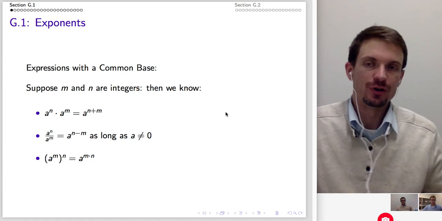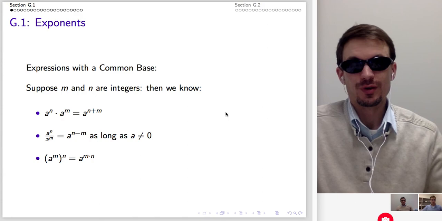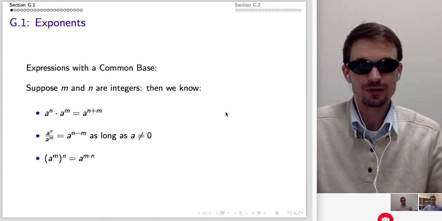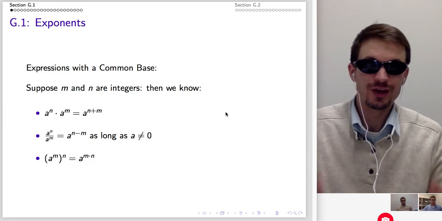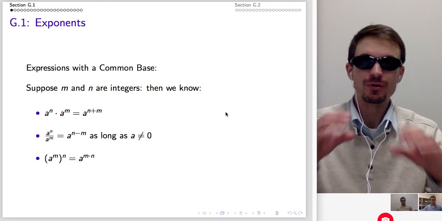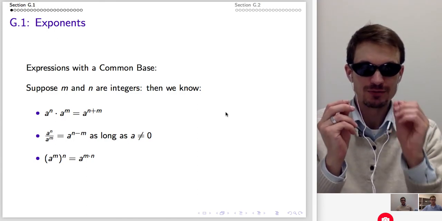Okay, and then the last one is what happens if you have some a to the m to the n. So what do we do then? If we have these parentheses, then you multiply the exponents together. So the example would be, suppose you have x squared to the third. Well, remember the thing in the parentheses, x squared, that tells us we have x times x twice.